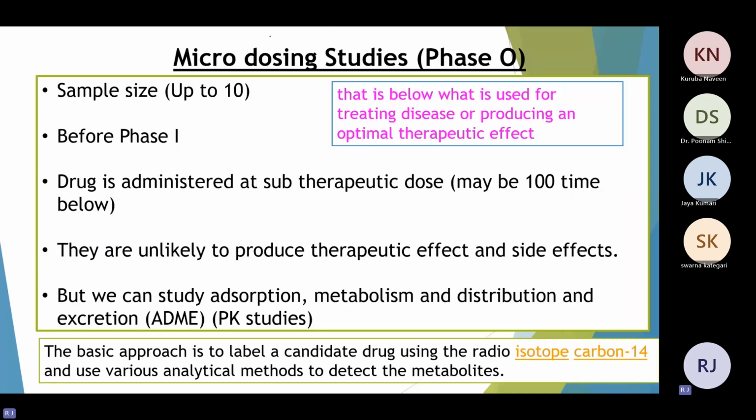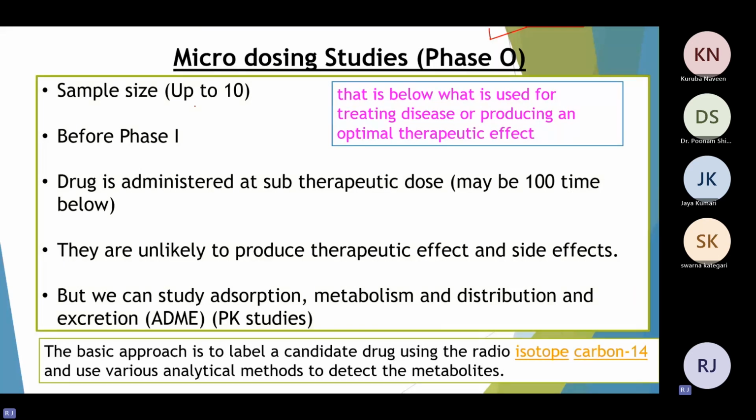Now we learned about phase 1, then phase 1A, phase 1B, phase 2A, phase 2B, phase 3, phase 4. There is one different kind of study that is called phase 0. This is not that common now, but still it is done by many organizations. It is called microdosing studies. Generally it is tested in 5 or 6 people, sometimes 8, 9.